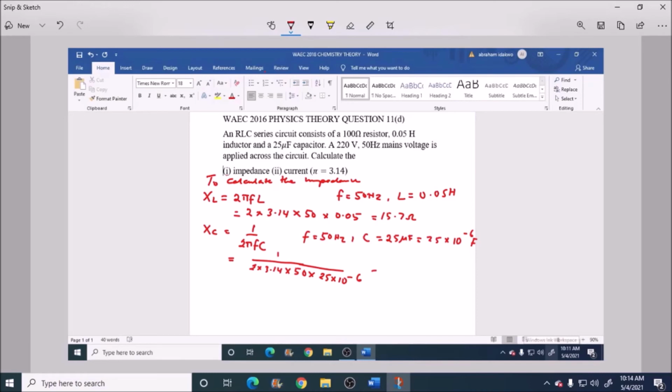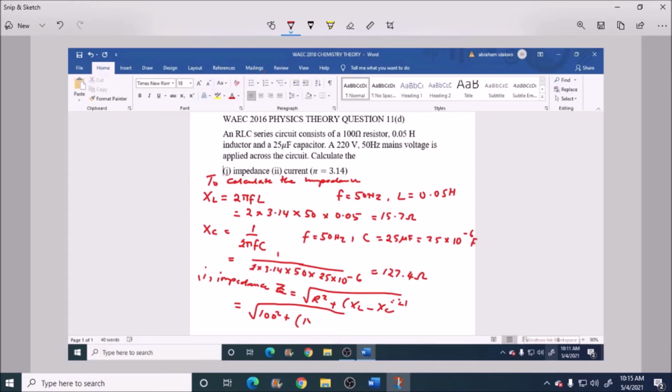So this will be equal to the root of the resistor, which is given in the question, 100 squared, plus XL, which is 15.7, minus XC, which is 127.4, all squared.